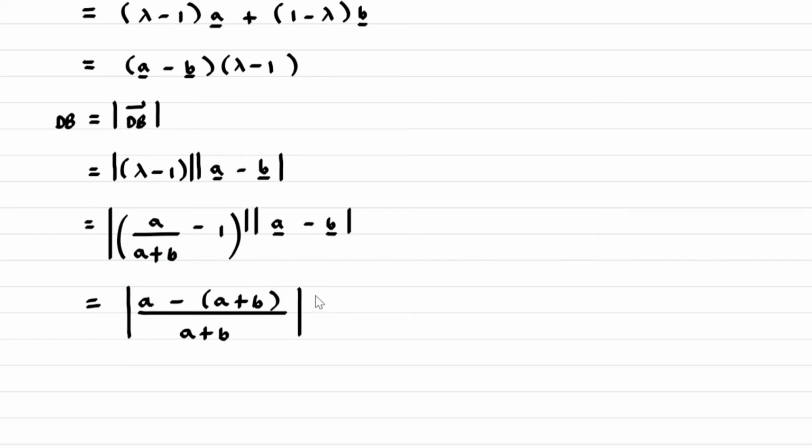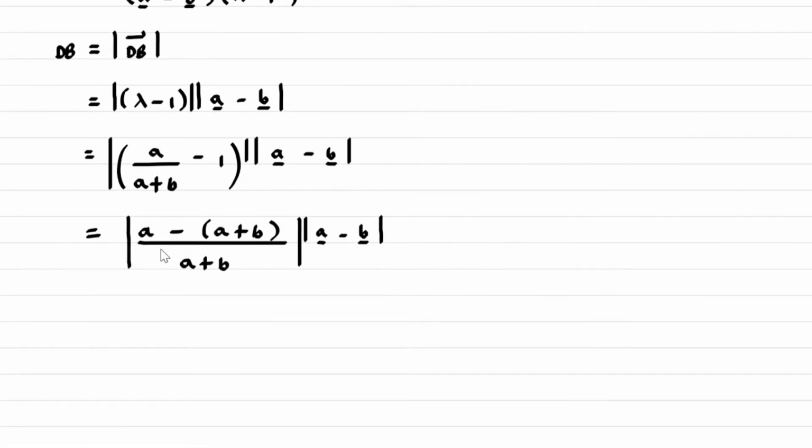And then here I've got a minus b. So what do I end up with? I've got the magnitude of minus b over a plus b times the magnitude of a minus b.